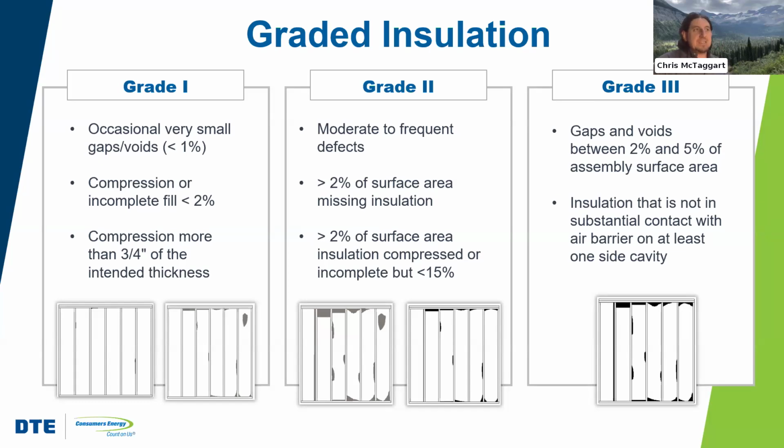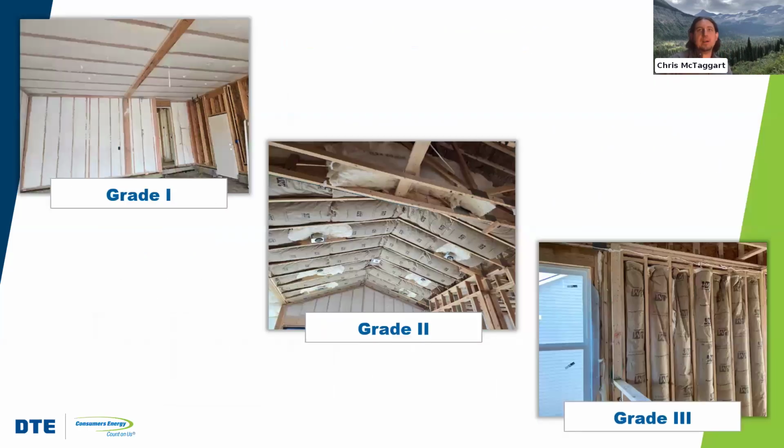But it just means it's kind of a sloppy job. Maybe bats aren't always cut to fit. Or maybe you blew in an assembly and it's slumping a little bit. And so you get very small gaps at the top of a stud cavity. It's not ideal. That may end up making it a grade 3. Or maybe if you don't have the insulation in substantial contact with an air barrier, that would potentially make it a grade 3 as well.